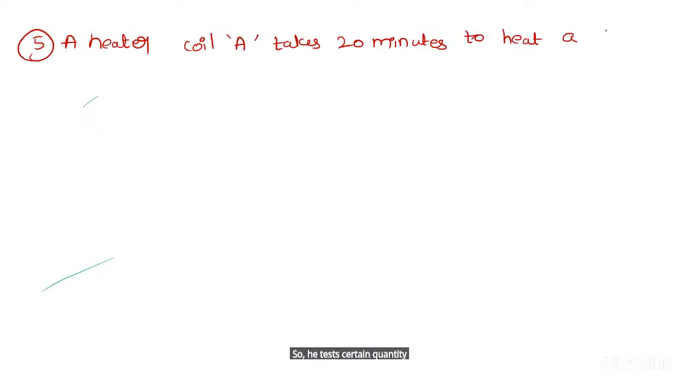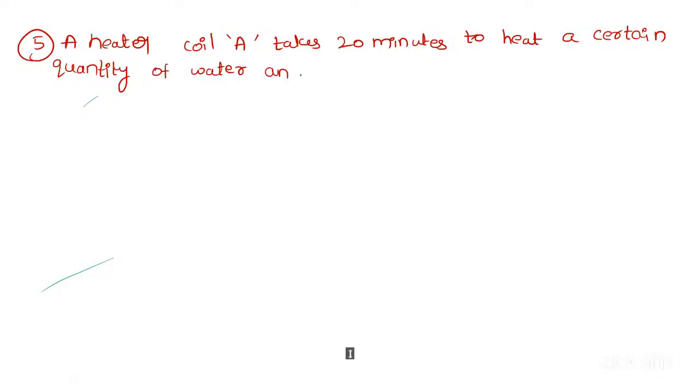So now, a heater coil A takes 20 minutes to heat a certain quantity of water, and the temperature of the water increases by 10 degrees centigrade.